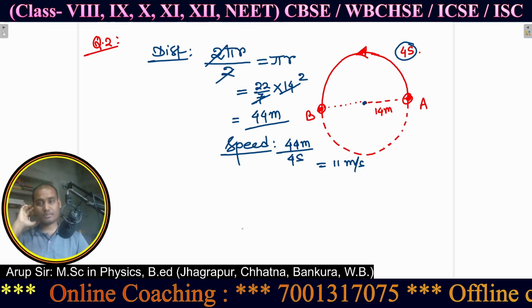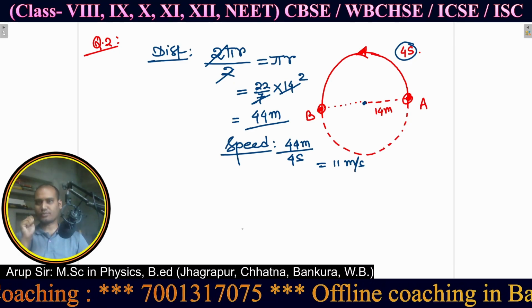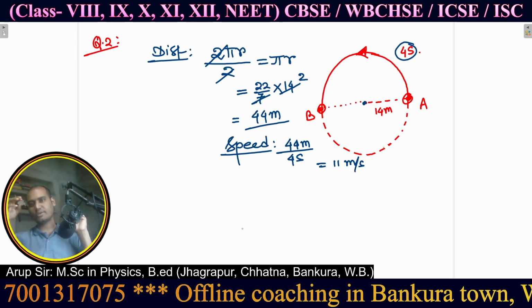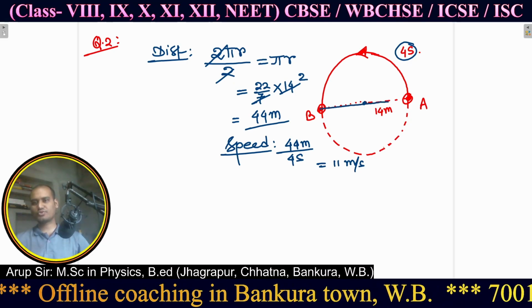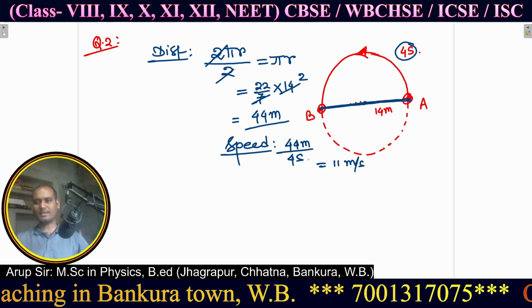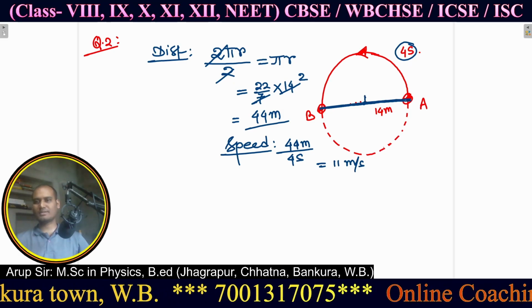Now what is displacement? It is the shortest distance between the initial and final point. Here the initial point is A and the final point is B. So shortest distance means you have to join like this by a straight line. So AB is the diameter of this circle, and you know the diameter is 2r.